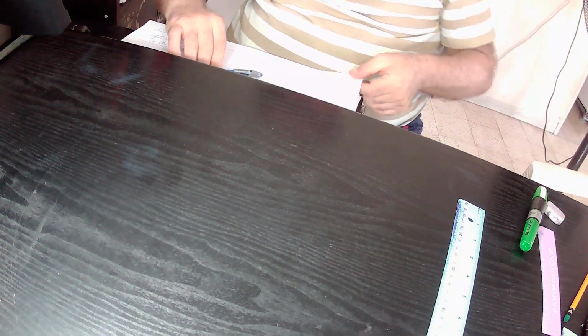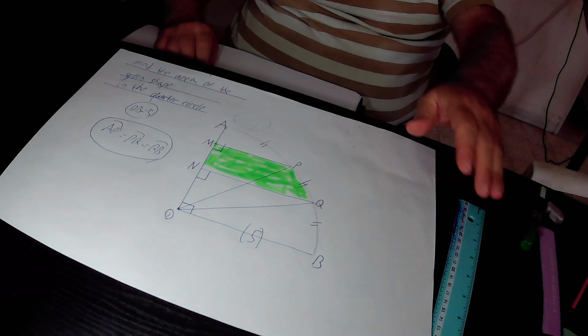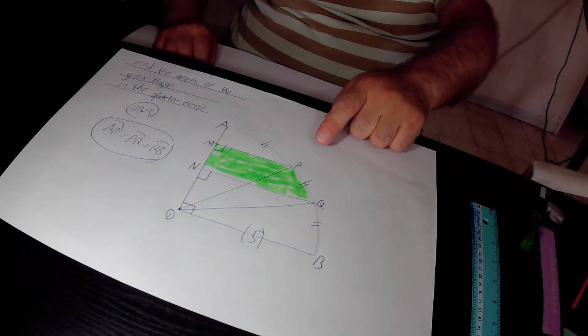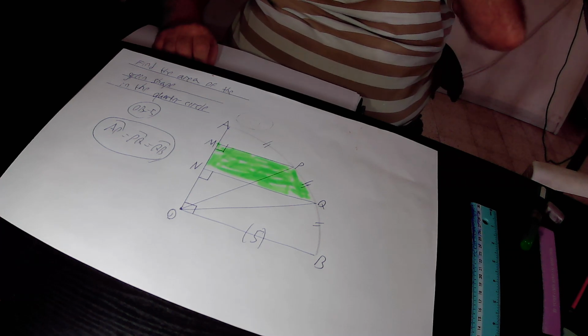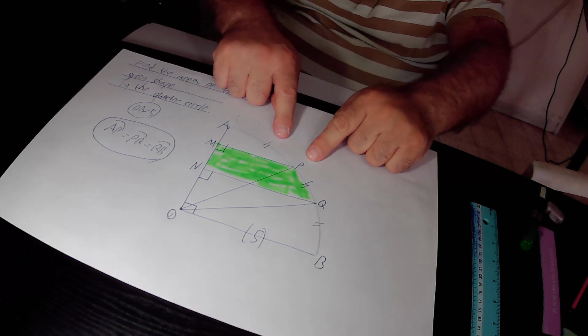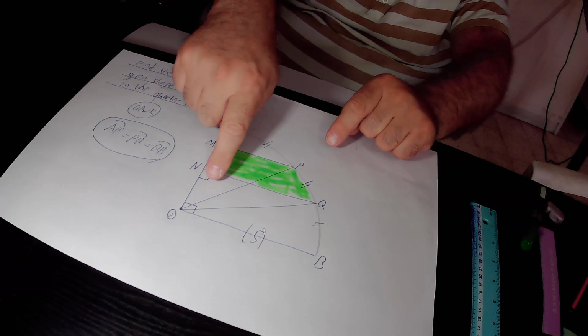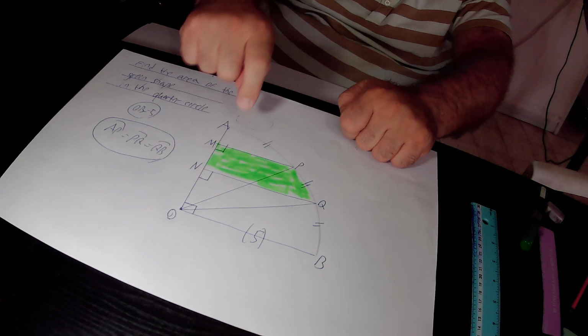So can I implement rule 20 in our drawing? Why? Because in our drawing, arc AP equals arc PQ equals arc QB. In front of this arc AP, we have center angle AOP.